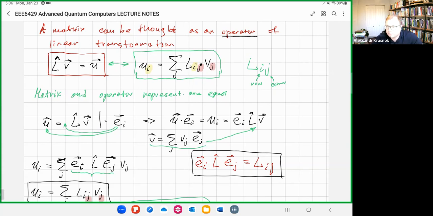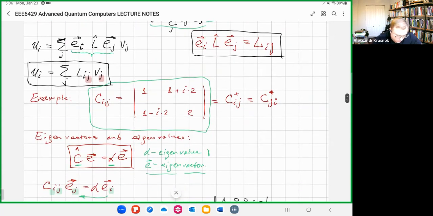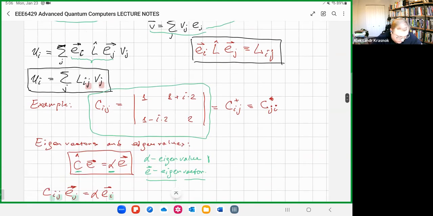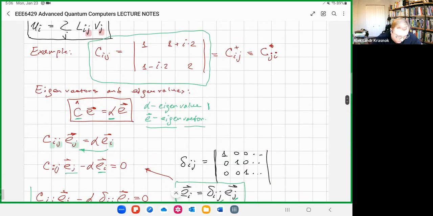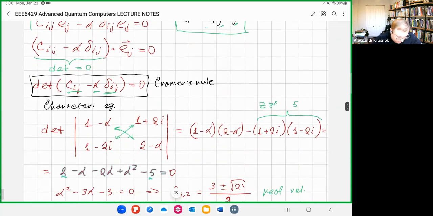We derived the formulas for how to transition between matrix and operator notations, and then we considered an example of a Hermitian matrix.